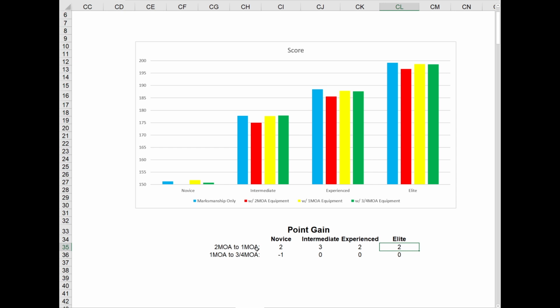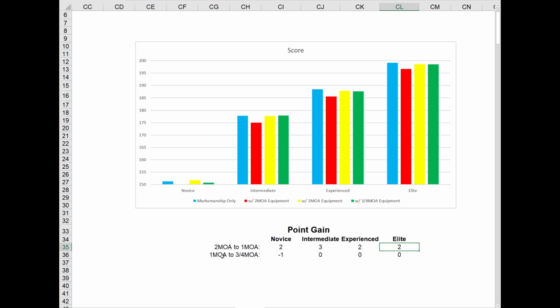1 minute of angle. Now, what if we improve that even further from 1 minute of angle to 3/4 minute of angle? And just one thing to keep in mind is the magnitude of these improvements. Going from 2 to 1 minute of angle is an increase of 1 minute of angle, whereas going from 1 to 3/4 is only improving by 1/4 minute of angle.